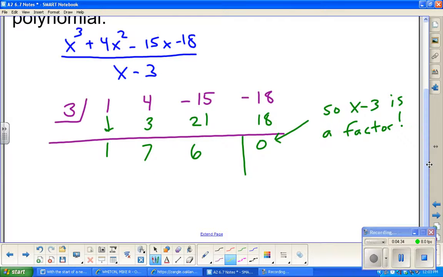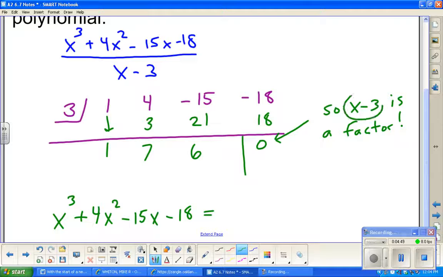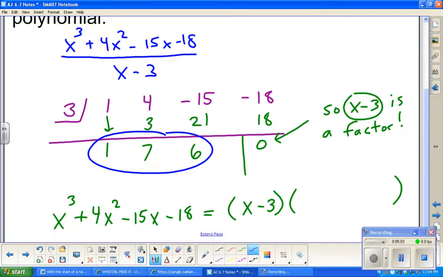Would you guys agree that the original big thing that we started with, we just divided it by x minus 3, right? And then what's the other factor here? Do we remember how this plays a role?